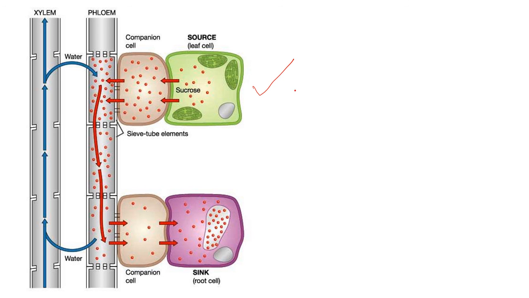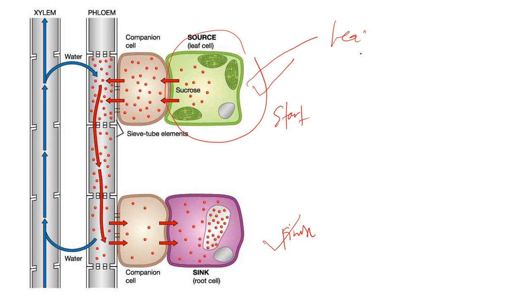The cells where food is produced are what they call the source, and the cells where food ends up for production, for growth and development, are what they call the sink. So we have the source and the sink, the starting line and the finish line. The source is usually found on a leaf.